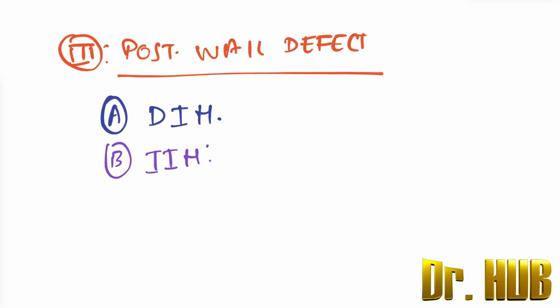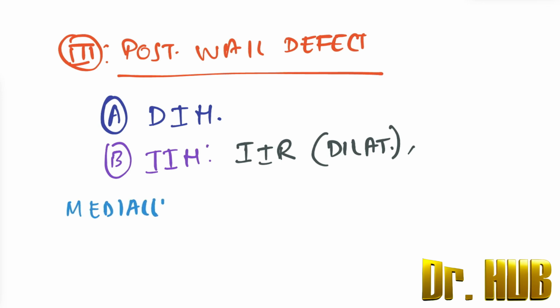Here the internal inguinal ring is dilated and medially encroaching on or destroying the transversalis fascia.